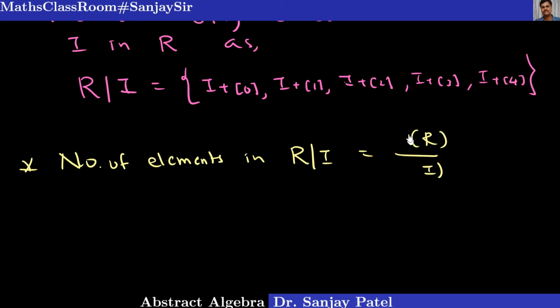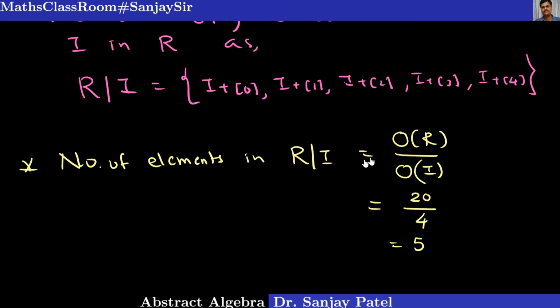Because R is a group with respect to plus, and I is also a subgroup of R with respect to plus. And you know the index of H in G, you know that symbol. So order of R, that is the number of elements in the ring, is 20, and order of I: what are the elements of I? 0, 5, 10, and 15. So it has only 4 elements. So the number of elements in R mod I will be 5, and we have seen that there are 5 cosets, I plus 0 to I plus 4.